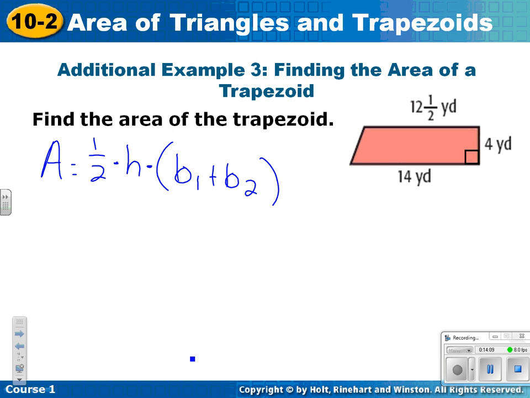Now what we need to do is we need to plug all of those numbers in for all of those letters. Okay? A equals 1/2 times, what's the height? 4 times, what is B1? 14. It could be 12.5. It doesn't matter. As long as you do them both.